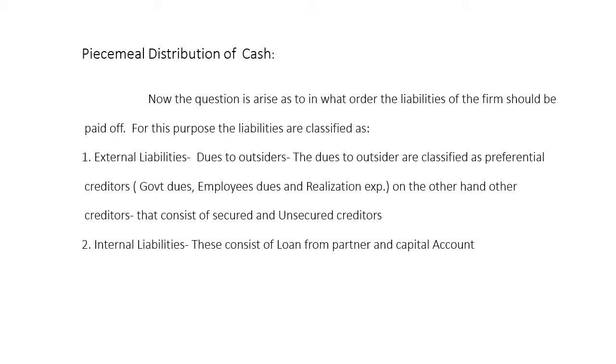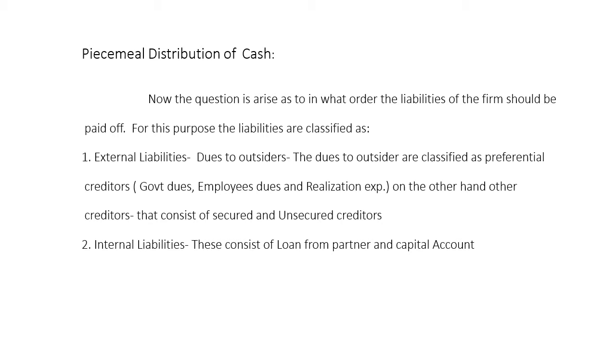Preferential creditor means those creditors who have preference for payment of the dues owed to them. Those creditors are called preferential creditors. Preferential creditors consist of any government dues, any amount due to employees, or amount payable as realization expenses.